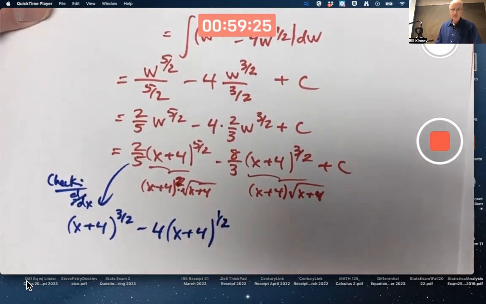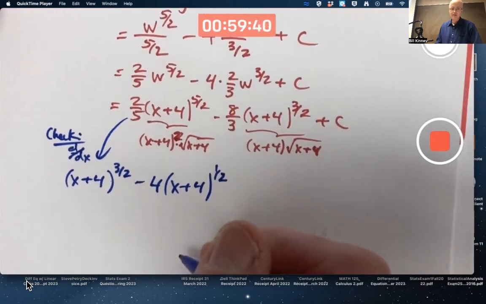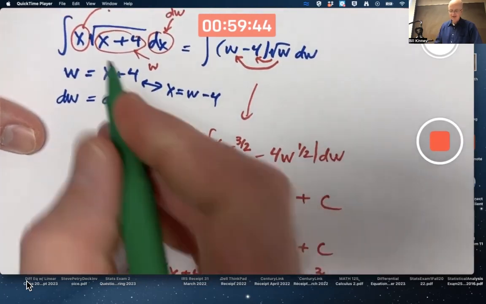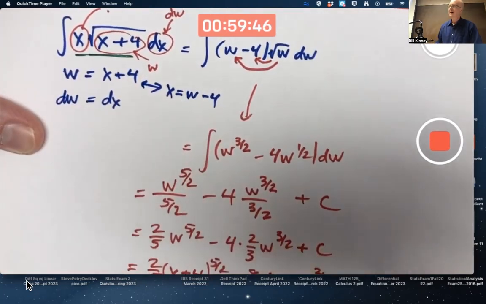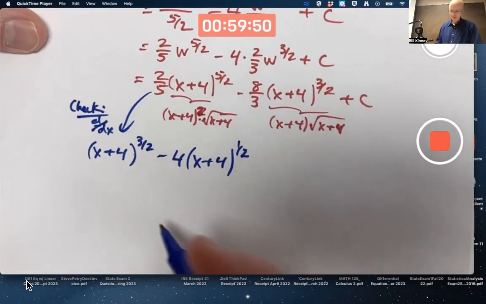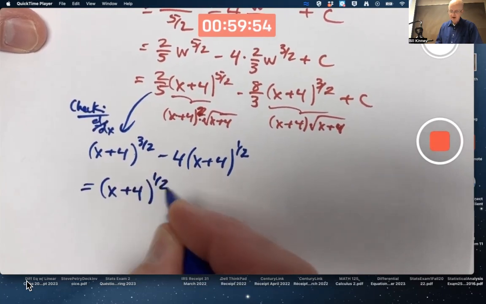Doesn't look like we got the right thing, does it? Doesn't seem to match that. Until you do a little tricky algebra. There's a common factor of (x plus 4) to the 1/2 that can be factored out.